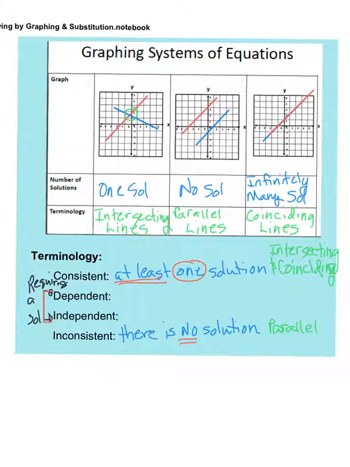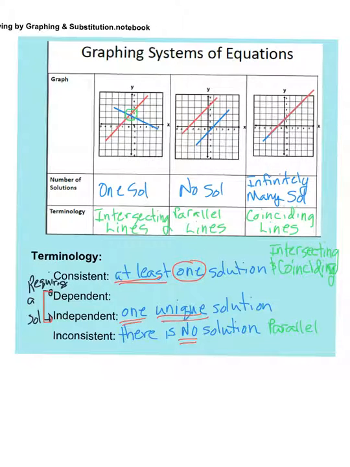So then let's talk about dependent and independent. For a system to be independent, it must have one unique solution. The key words here are unique and one.